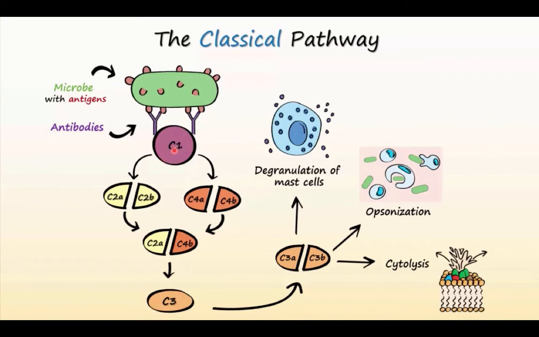Activation of C1, with its components C1q, C1r, and C1s, will result later in activation of C2 and C4, ending finally by activation of C3. Activation of C3 gives us C3a and C3b, which will end by the immune response in the form of degranulation of mast cells, release of histamine and other inflammatory mediators, opsonization of the microbe or the antigen, and cytolysis, destruction of the microbe or the infected cell. This is the classical pathway.